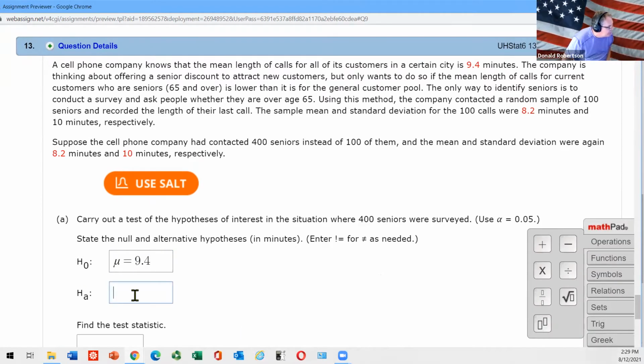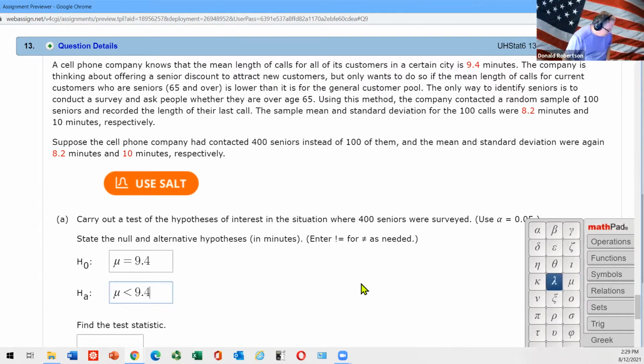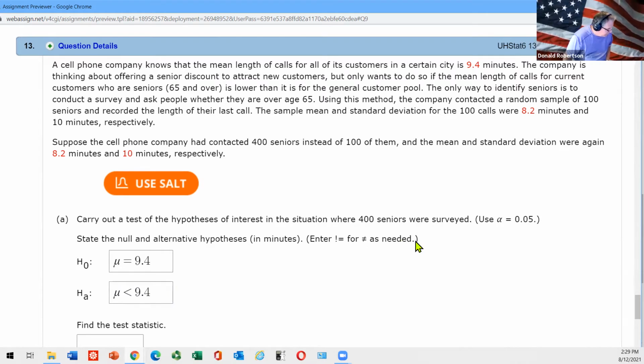And mu is less than, I believe. And the reason I'm going that direction is, don't seniors spend on average less time than 9.4 minutes on a call?